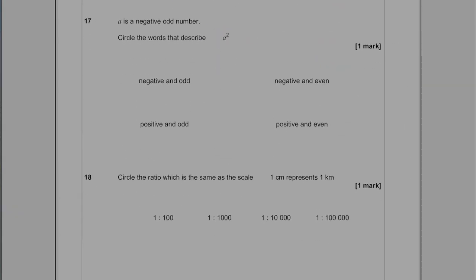Question 17. A is a negative odd number. Circle the word that describes a squared. So negative odd number, negative squared is going to be equal to, well, negative times a negative will be positive, and an odd number times by an odd number is always going to give us another odd number.